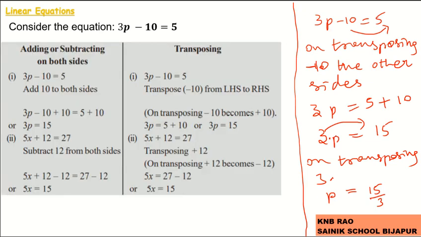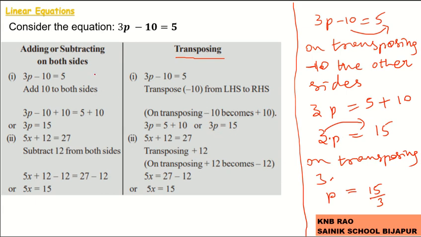So, here if you observe the comparison between method of adding, subtracting on both sides with the transposing to the other side, here same thing I have done for your understanding.